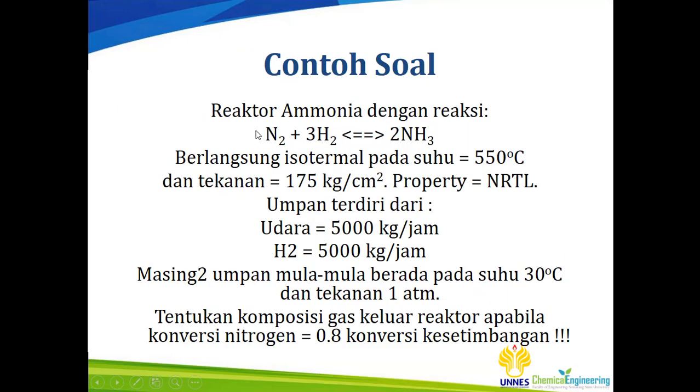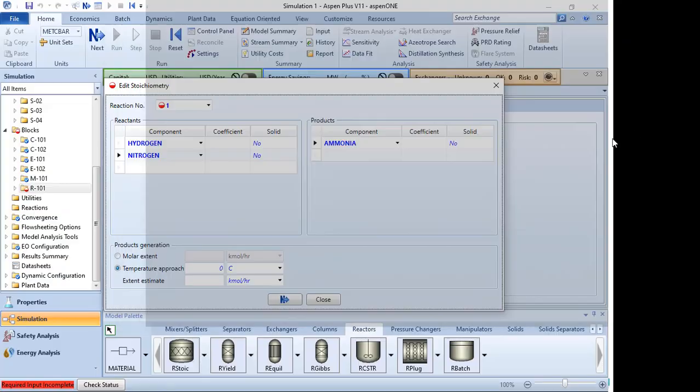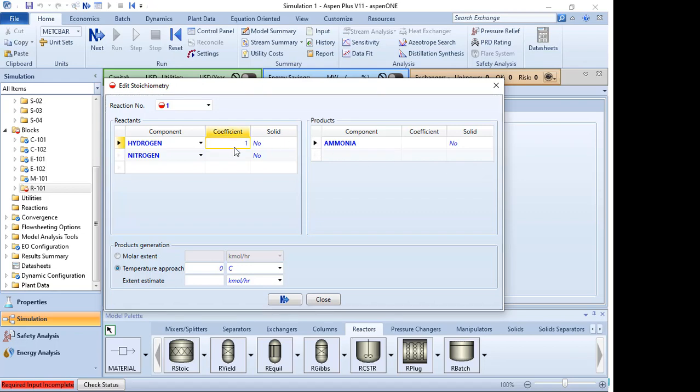How many moles of nitrogen, how many moles of hydrogen, and how many moles of ammonia. From the stoichiometric chemical reaction, 1 mole of nitrogen, 3 moles of hydrogen. So you can type in here 1, 3, and 2 for the ammonia.